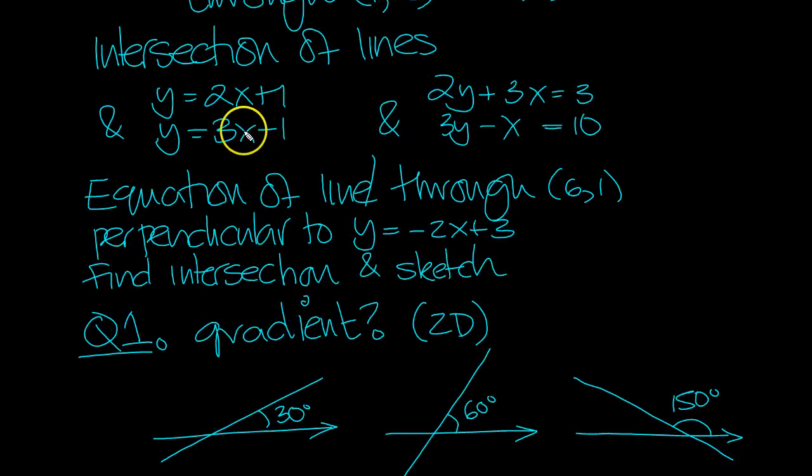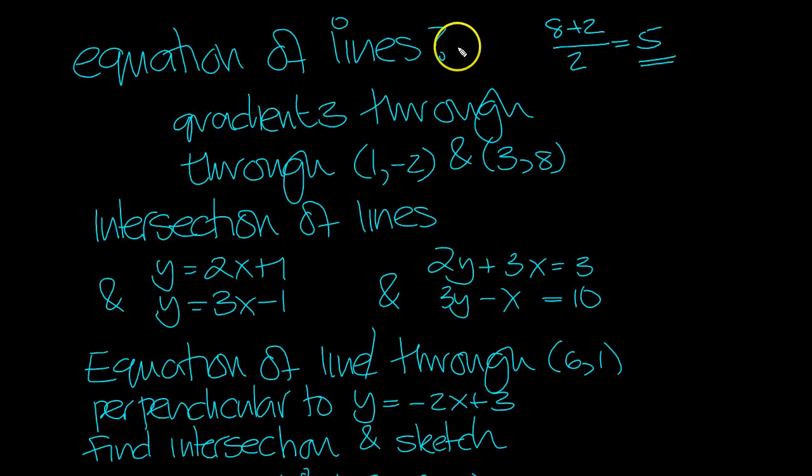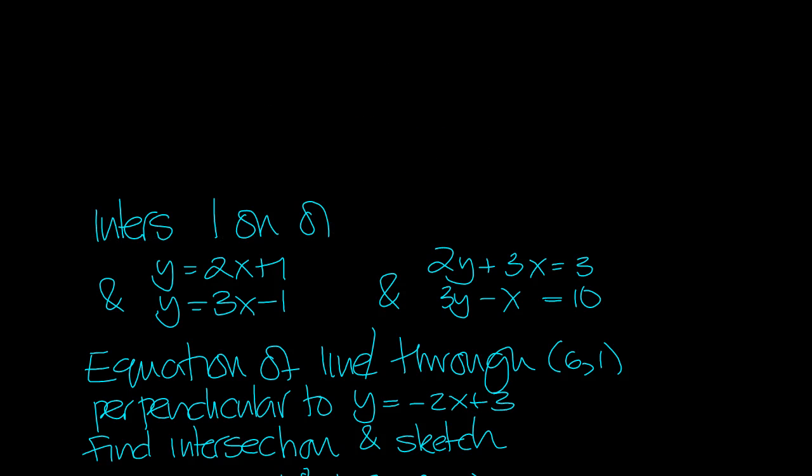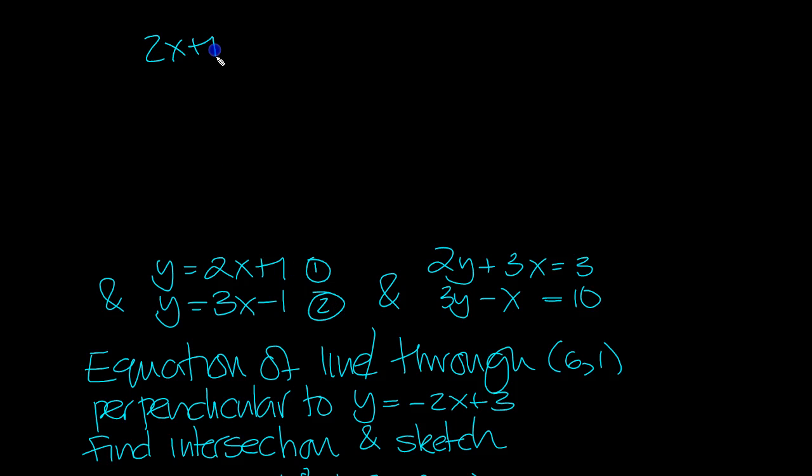Okay, well it's just simultaneous equations here. So because their y is equal, you can just let one equal the other, can't you, and have an equation in x. So I'll do the work above here and find the intersection then. So here we can just let them equal one another. 2x plus 1 is equal to 3x minus 1.